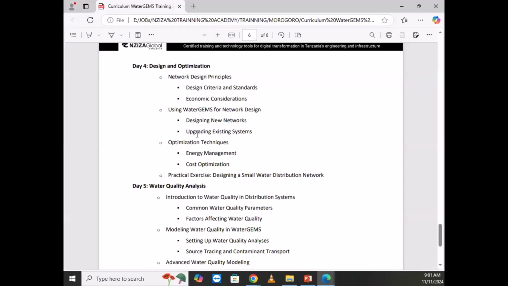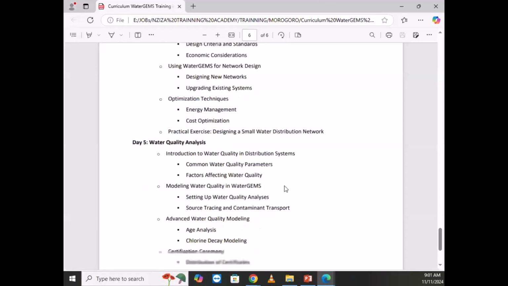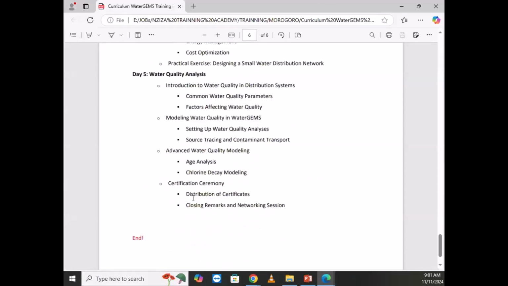On day 5, it will be a day of closing, where we will see especially water quality analysis. We will pass through the common water quality parameters, factors affecting water quality, and how to model water quality in WaterGEMS.